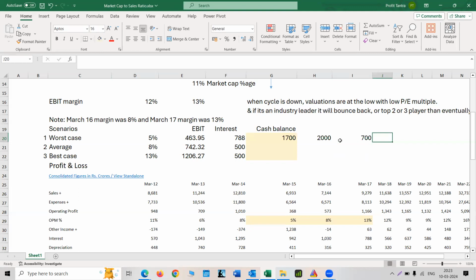After this, some 1,300 crores is left. Say debt is around, assume 800 crores, and they have repaid 400 crores from the 1,700 crore balance. Or even if they have not paid, net they are debt free, correct? 1,700 crores of balance and debt is 800 crores. Even if debt is 1,200 crores, they are net debt free, correct?